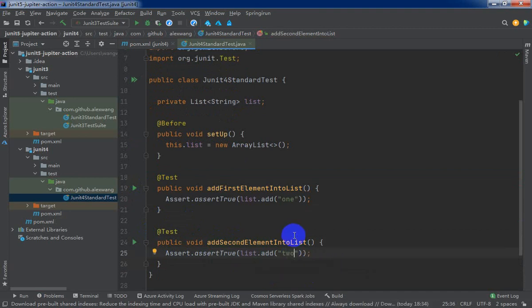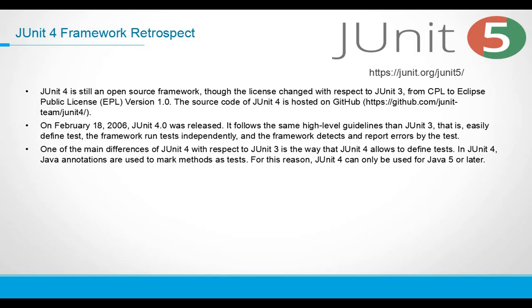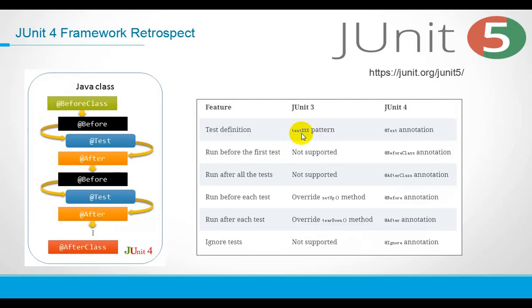As we know, the teardown method is executed after every test method, and it is very similar to the setup method. The setup method runs before the test method execution. Actually, I have a diagram in the PowerPoint slide.